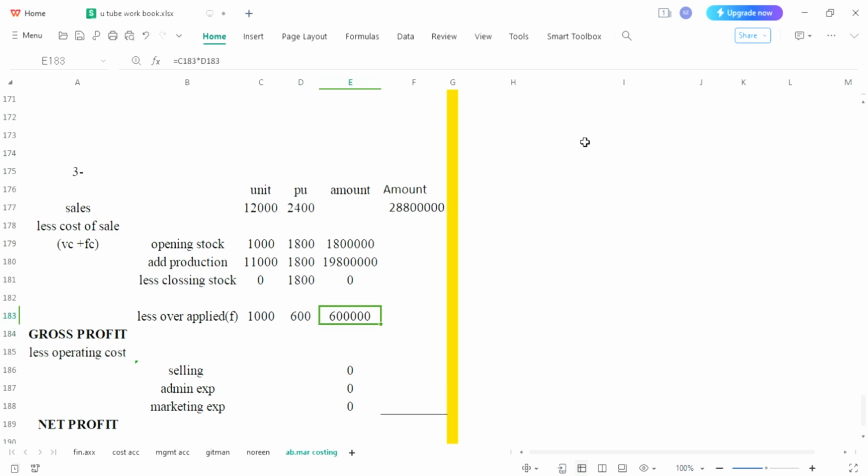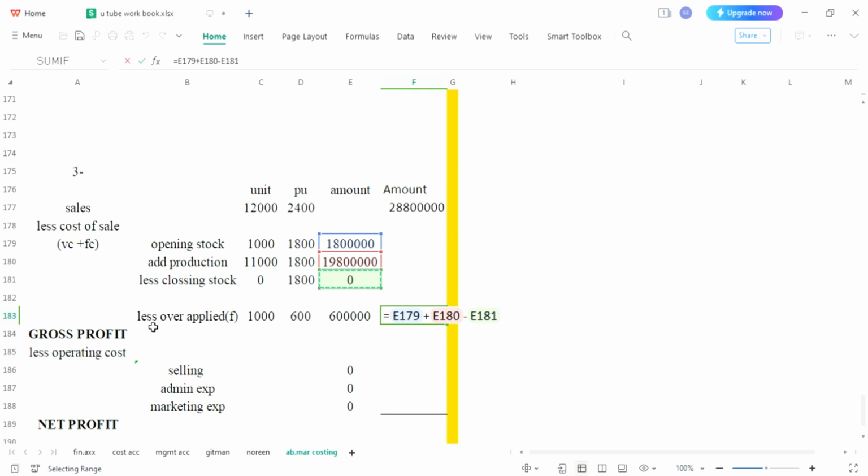It is completed. It's time to calculate our total cost, and we will follow these signs. First we will see opening stock, then we add production, and then we subtract closing stock, though it is 0, but we will mention it.